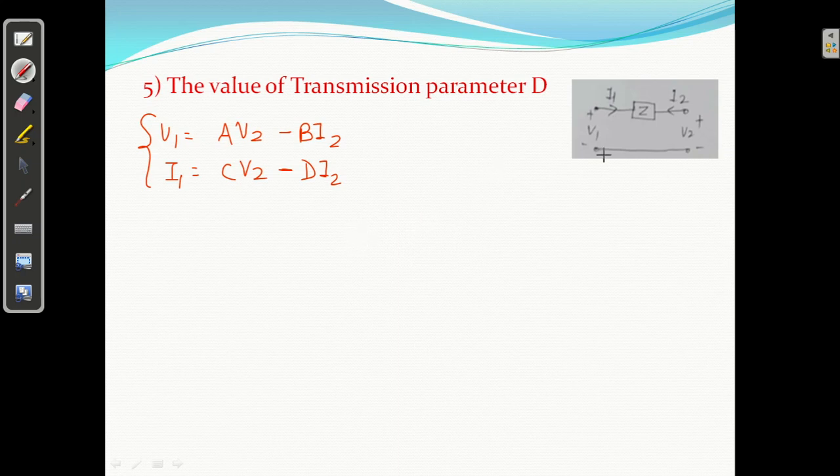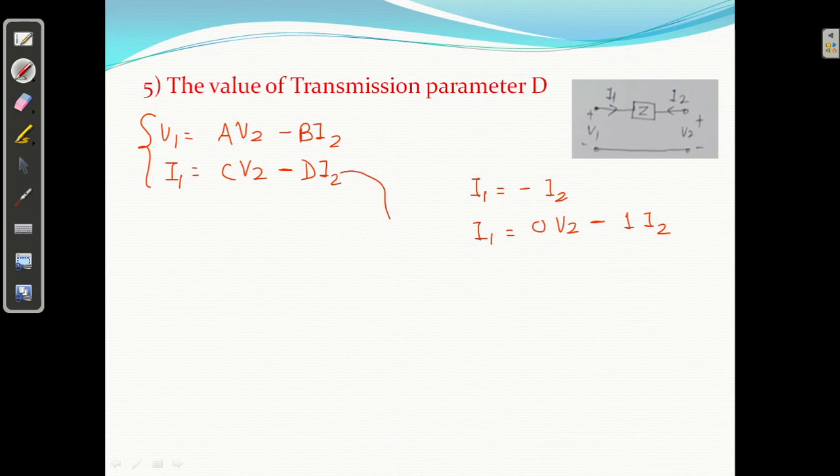Now you can see from this diagram, I1 equals minus I2, since I1 and I2 are the same but the direction is opposite. So I1 equals minus I2, which gives I1 equals 0 times V2 minus 1 times I2.